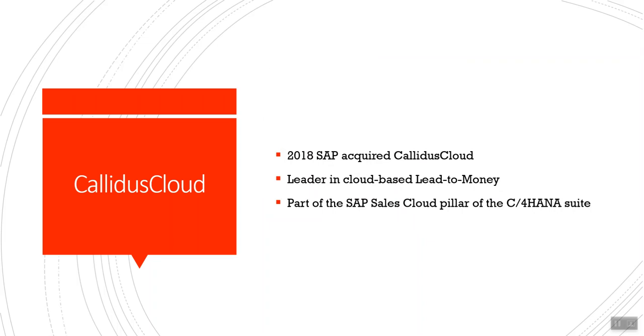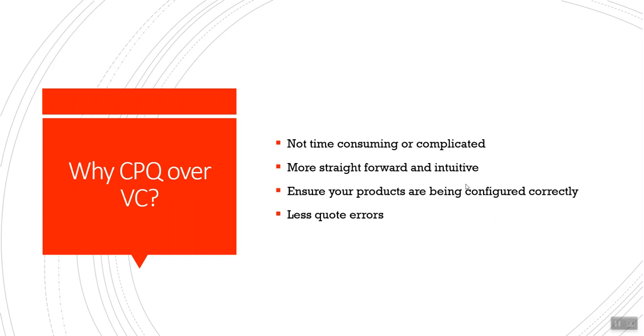As many of us know, the Callidus Cloud solutions have become part of the SAP Sales Cloud pillar of the C4HANA suite. One of these solutions is CPQ, which stands for Configure, Price, and Quote, and is what we will be going over today.